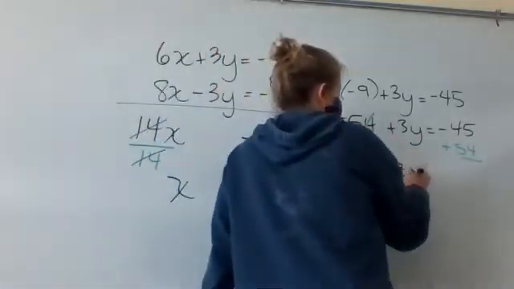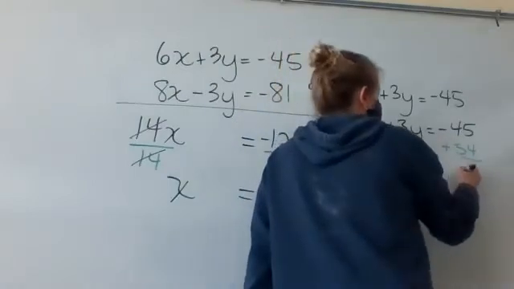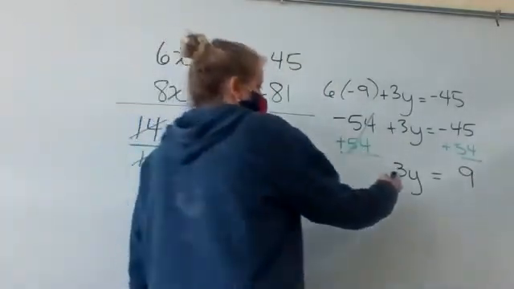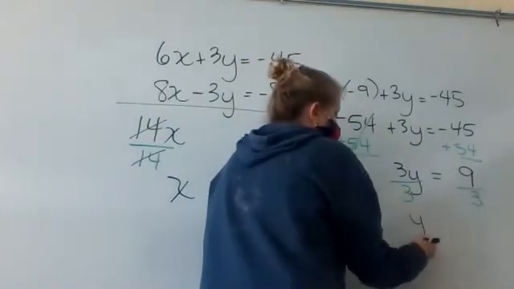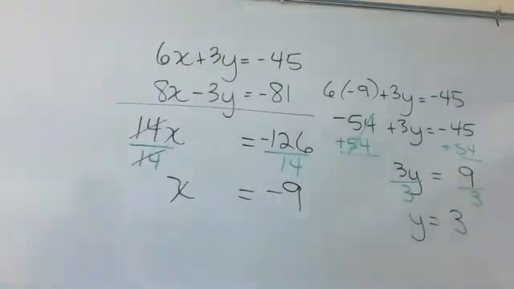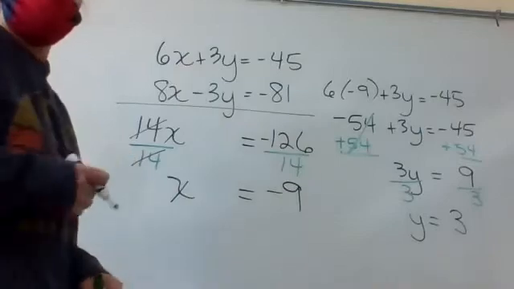So now I have 3y equals negative 45 plus 54, which gives me 9. Then divide both sides by 3 to get that y equals 3, because 9 over 3 is 3. So now you have solved both of these equations for their x and their y.